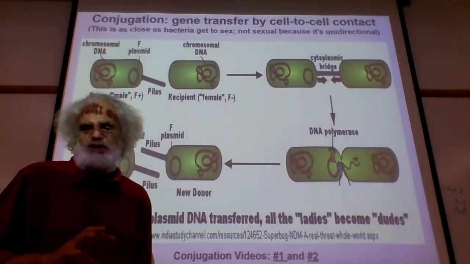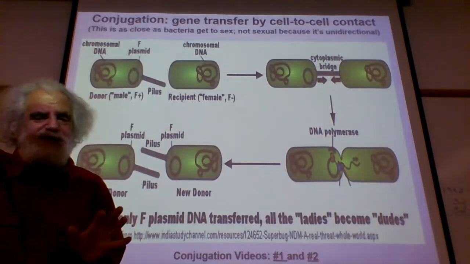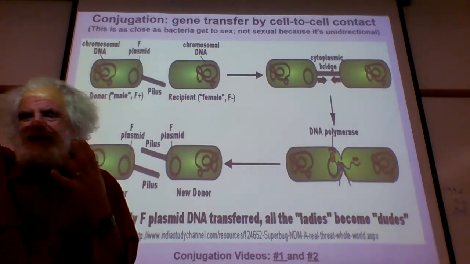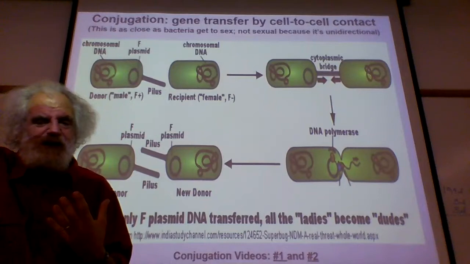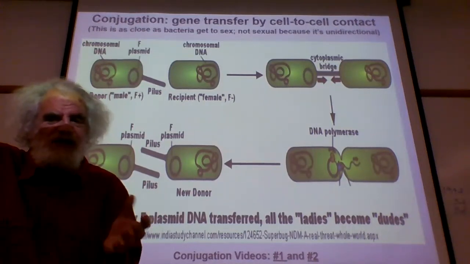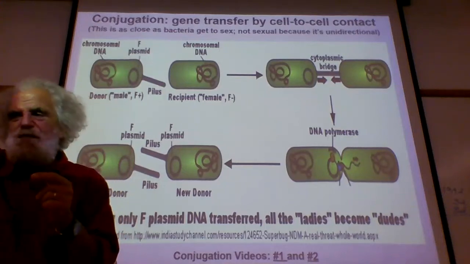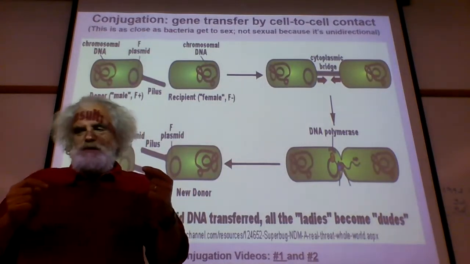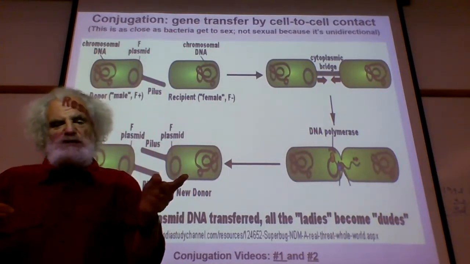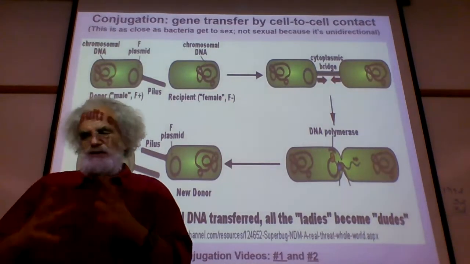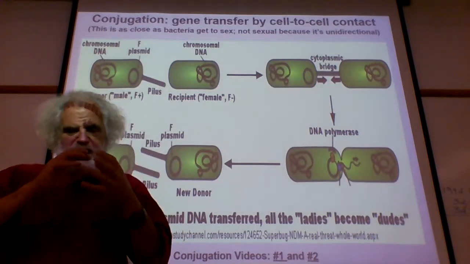So conjugation, this is about as close as bacteria get to having conventional sex, but it's not the same as sexual reproduction, because you only have DNA going from one organism to the other. You're not going to be making a hybrid.